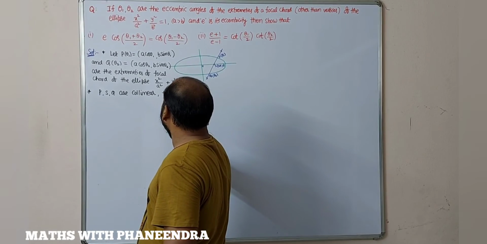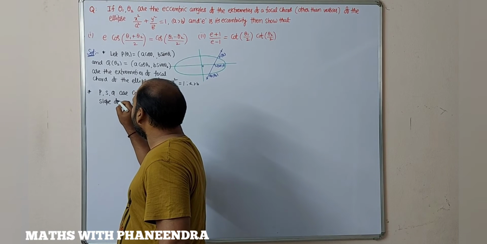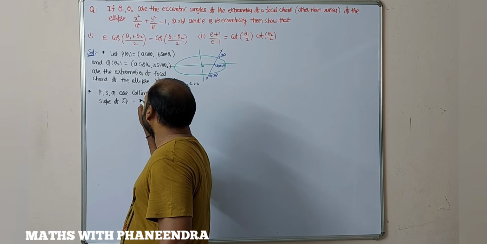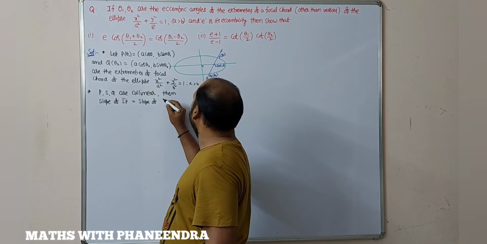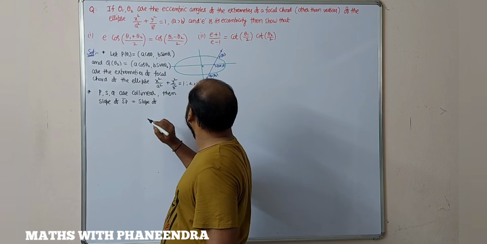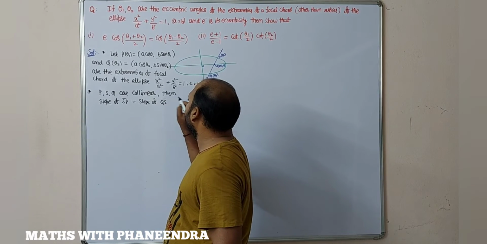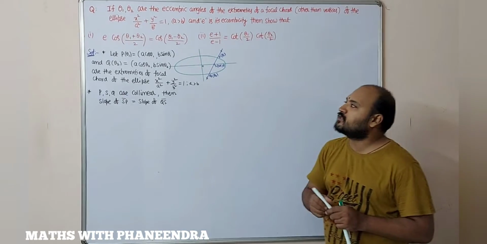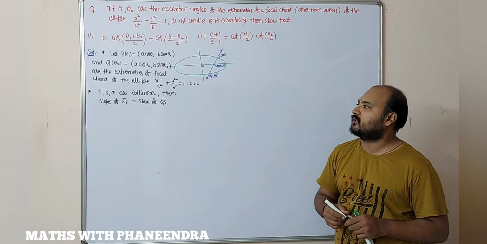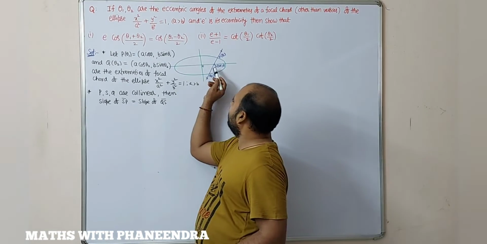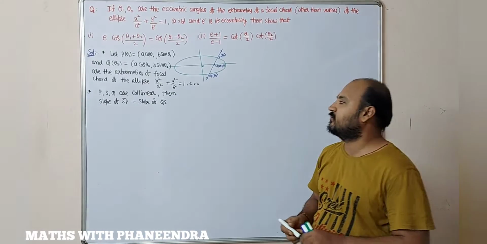Then slope of SP is equal to slope of QS. Whenever 2 points are available, easy to calculate. The focus coordinate here only I mentioned, because here in the figure itself it is there.